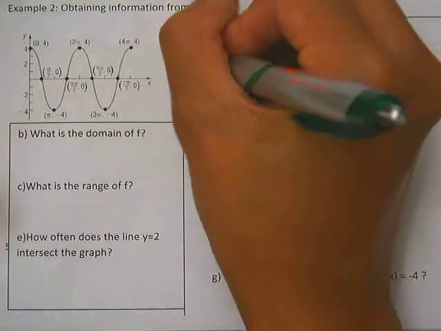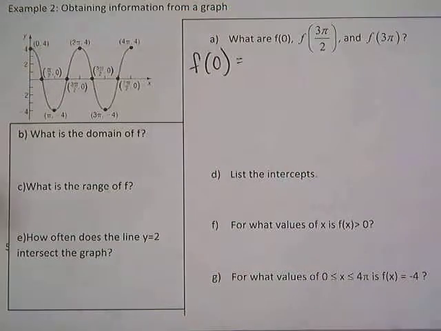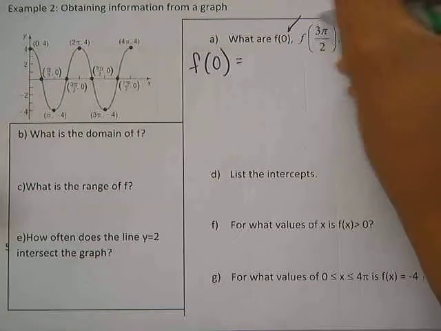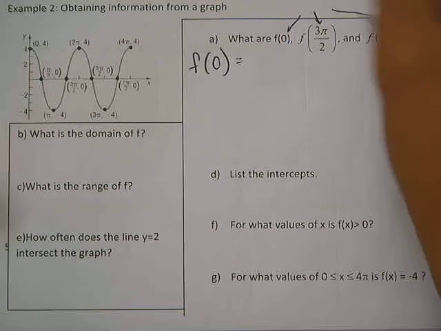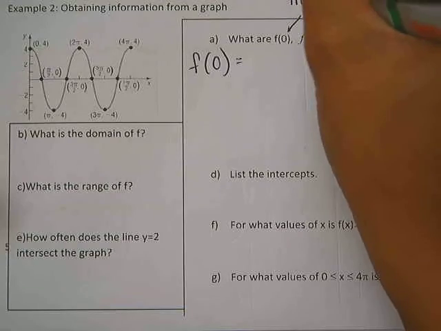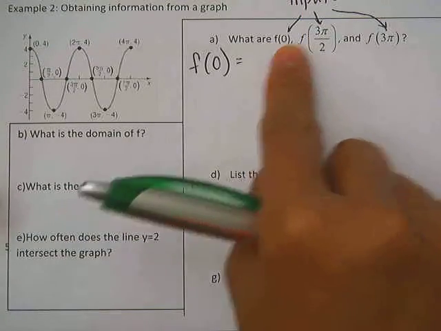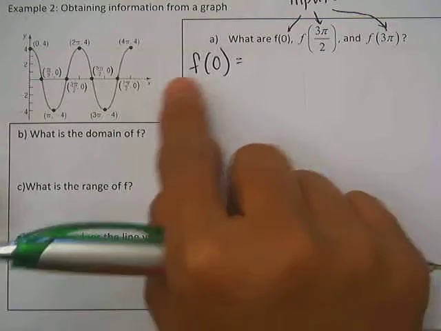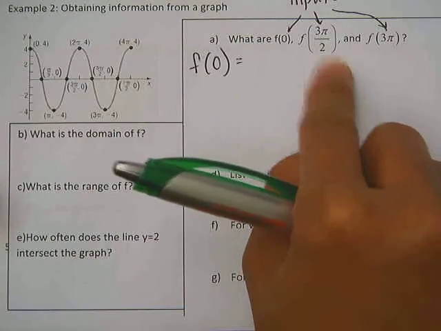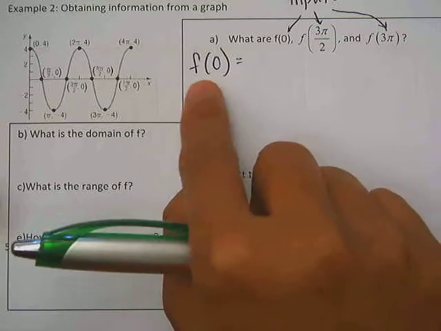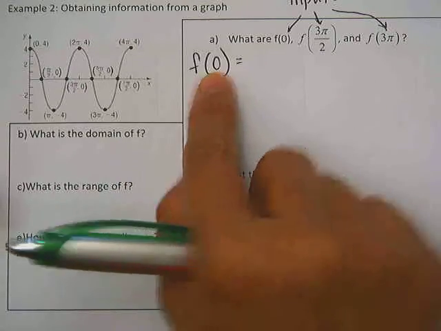The first one is f of 0. What is the value of f of 0? These are all the inputs. So I'm asking, when the inputs are 0, 3 pi over 2, and 3 pi, what are the outputs? I'm searching for the output when x is 0.